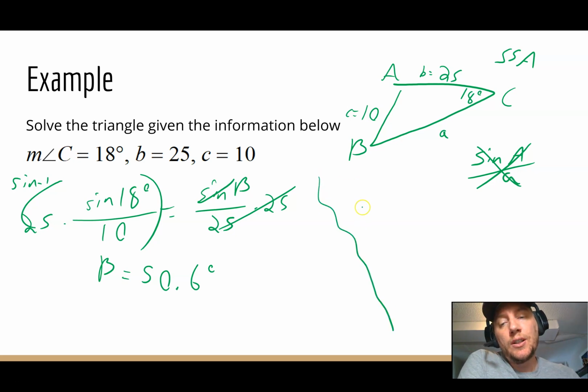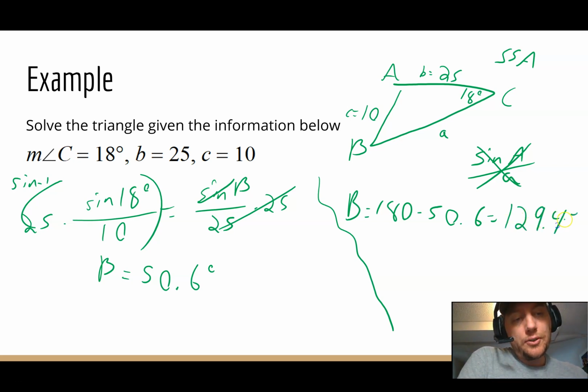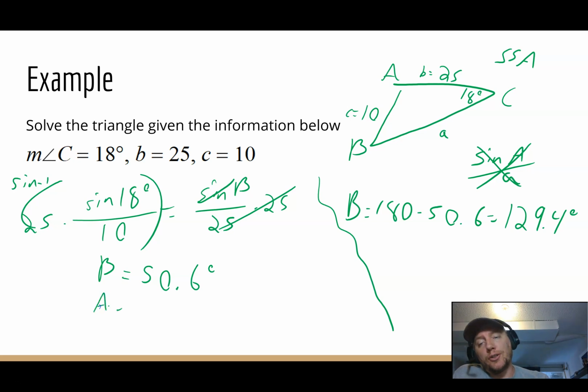The other one has 180 minus 50.6, which is 129.4 degrees. Now, you might not be sure if that works. So on both of these, let's go ahead and solve for our third angle.